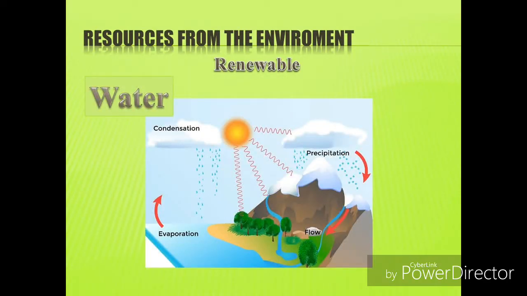Another renewable natural resource is the water. This is very important for all living things to survive because, for example, there are a lot of aquatic organisms which live in bodies of water, such as ponds, lakes, seas, and oceans.